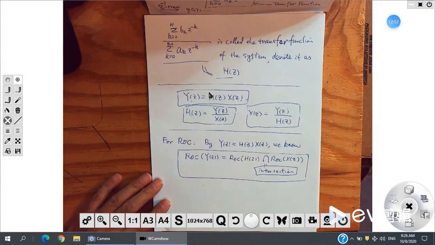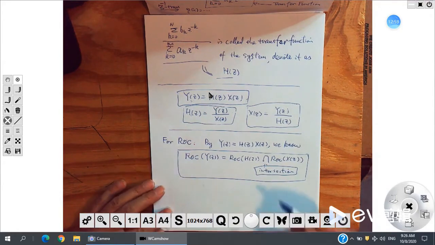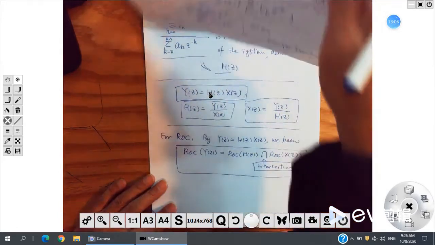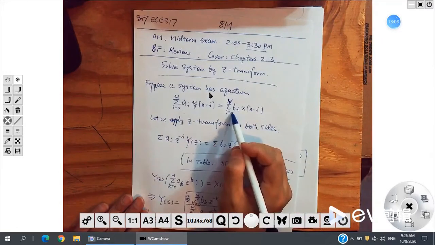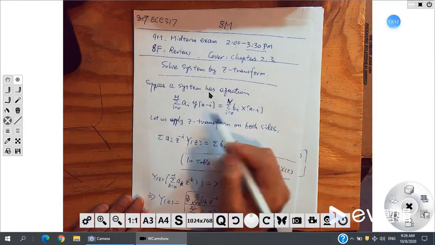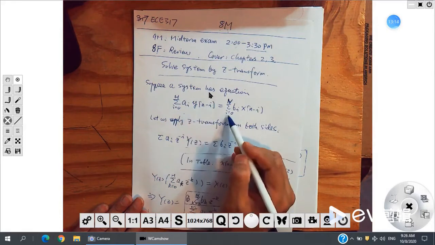Then this is Y. But here is still a problem. You don't know what the ROC of H is. So besides this equation, you need more information to determine the ROC.